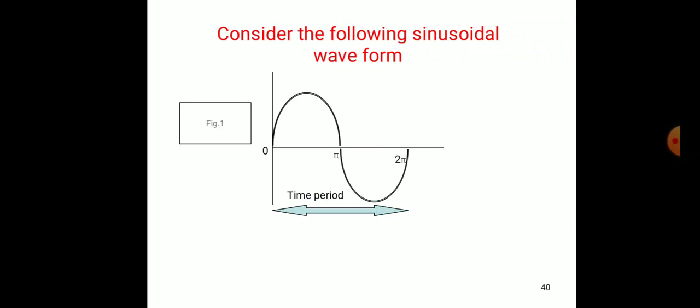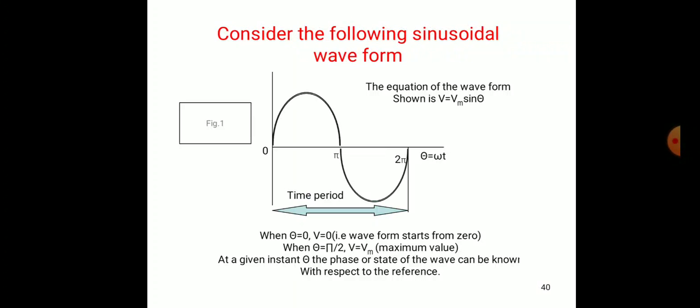So what are the phases? You can see the following sinusoidal waveforms. The equation of the waveform is given, v equal to Vm sin theta. When theta equals 0, v equals 0.